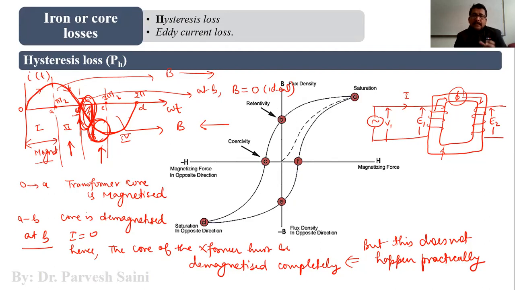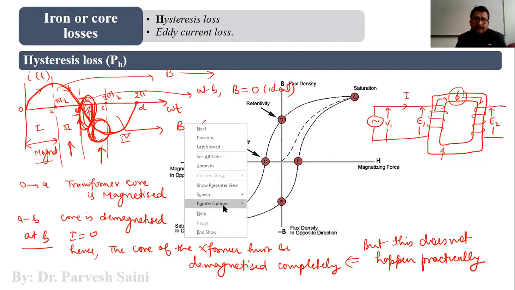Now here the transformer will tend to draw more current, okay, so that it can demagnetize the core and magnetize it again in the opposite direction. So this loss appears in the form of heat in the core of the transformer, right?